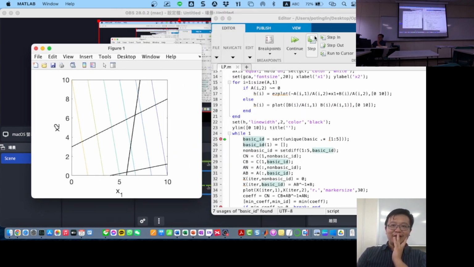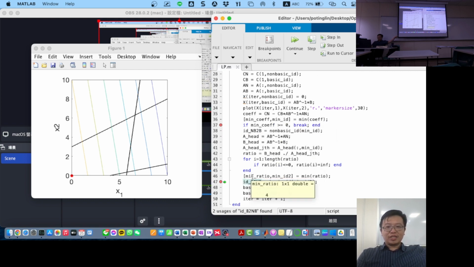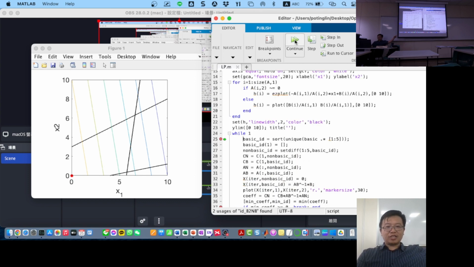So at the beginning it was okay, and the coefficient tells me the first one should be chosen. Okay. Ratio test. So the second one will be chosen. Yes. The next iteration.